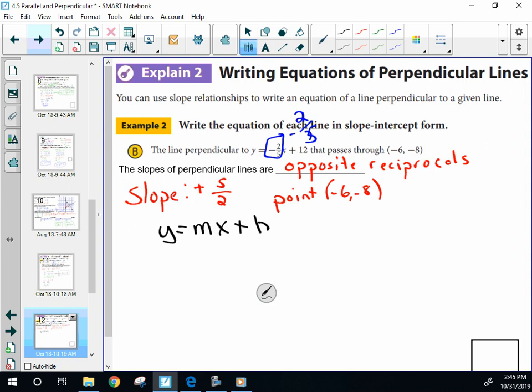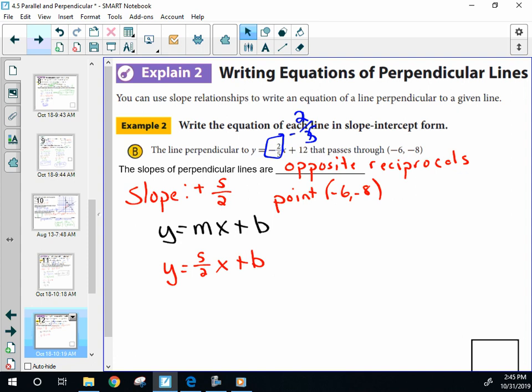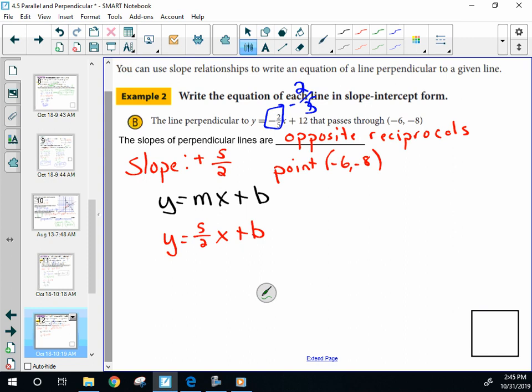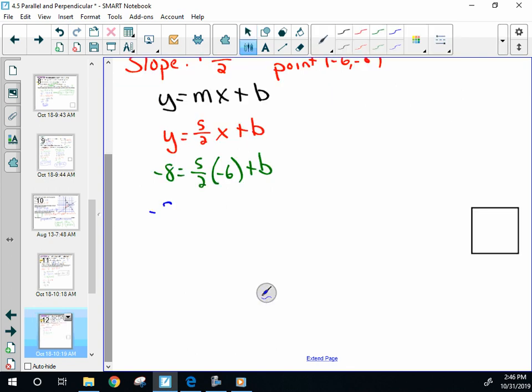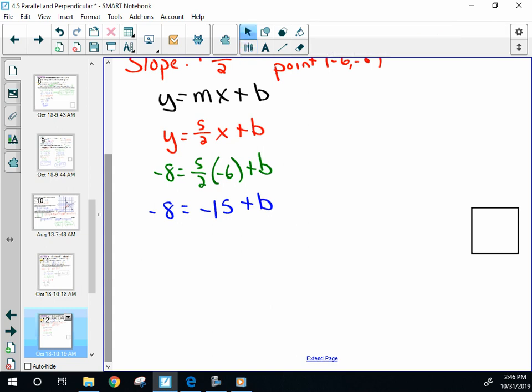Y equals mx plus b. I know my slope is 5 over 2, so I'm going to replace m with 5 over 2. But I don't know b. Well, I'm going to find it by plugging in what? My point for x and y. Y is negative 8. 5 halves times negative 6 plus b. 5 halves times negative 6 gives me negative 15 plus b.